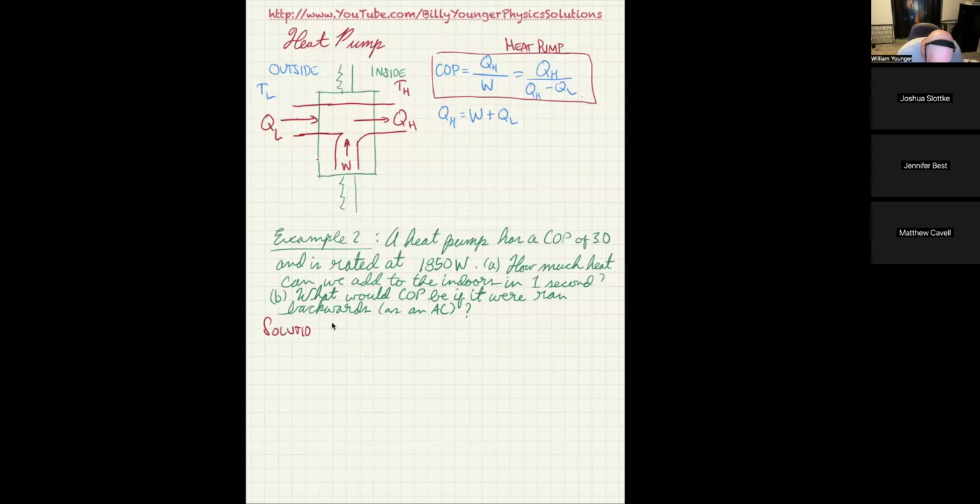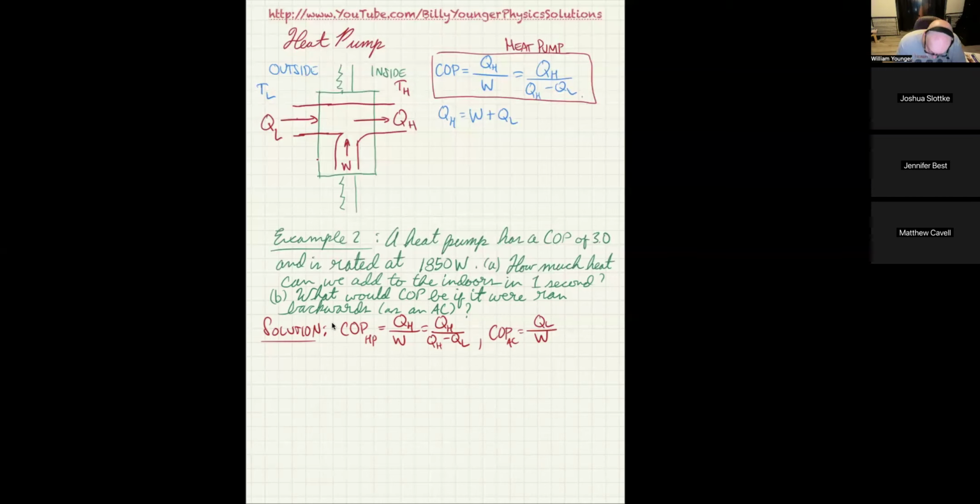Again, solution, what we need here is the coefficient of performance for the heat pump. So I'm going to say COP HP is QH over W, which of course is also equal to QH over QH minus QL. But we're also going to need the coefficient of performance for the air conditioner when we're running it backwards, and the coefficient of performance for that, which is for AC, is going to be QL over W. So that's what we're going to use here.